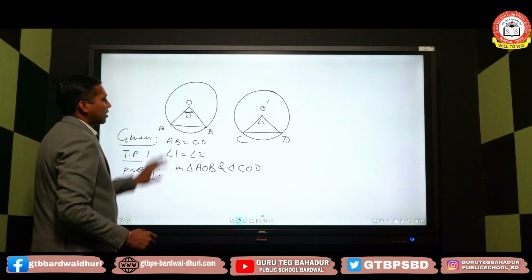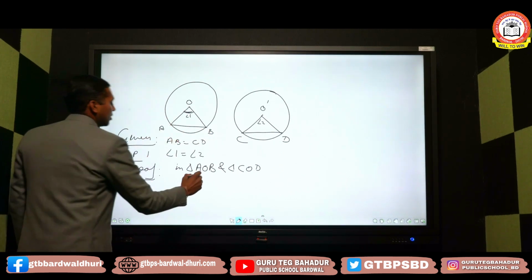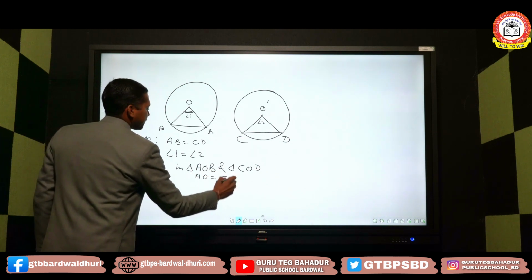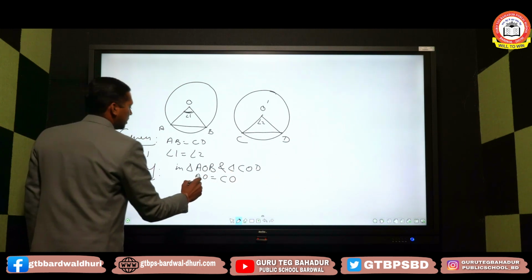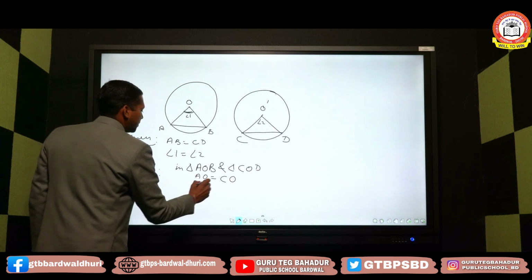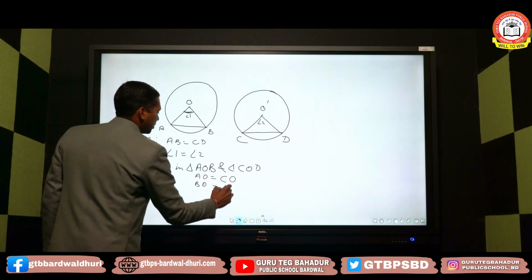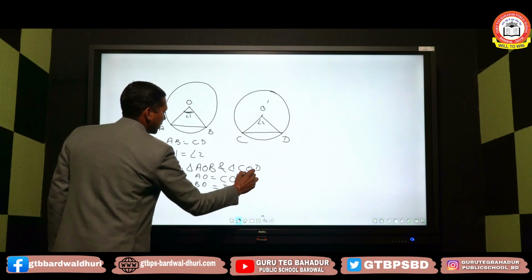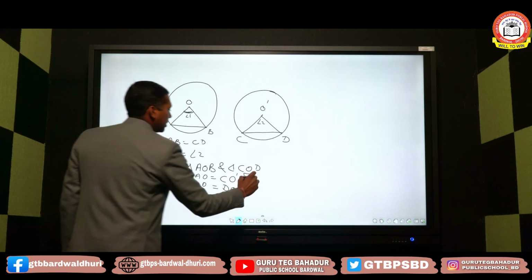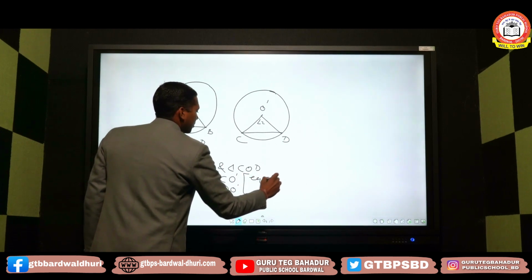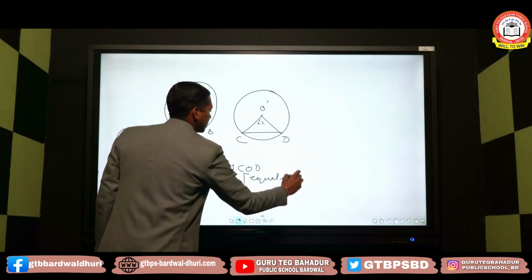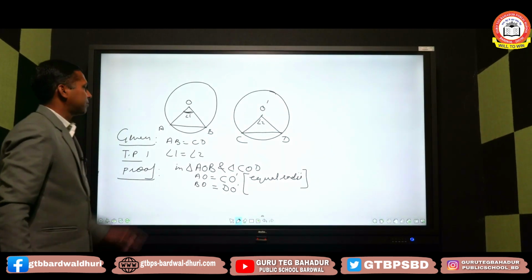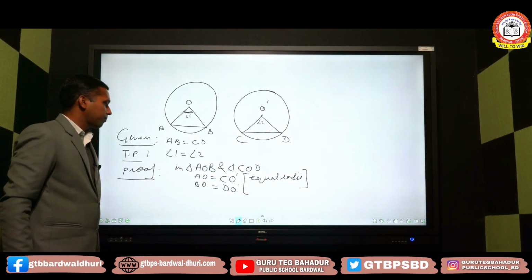But first of all, how can we prove it? AO is equal to CO and BO is equal to DO'. Why? Equal radii. Both circles have the same radii, so definitely the radii of both are equal.